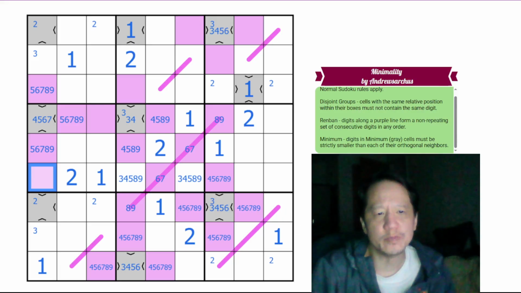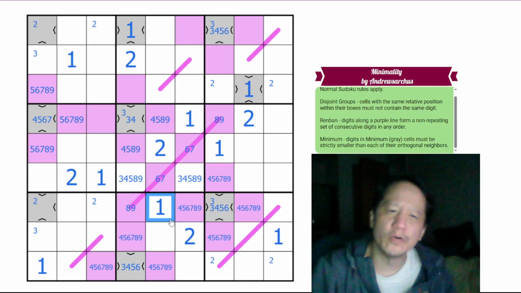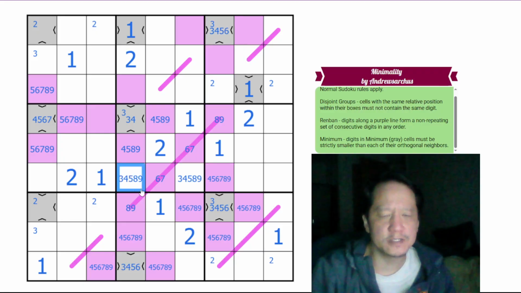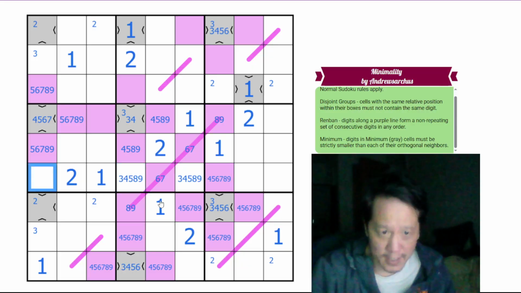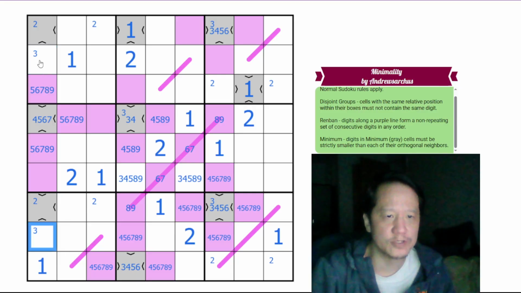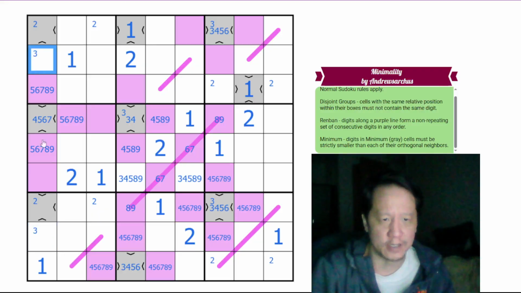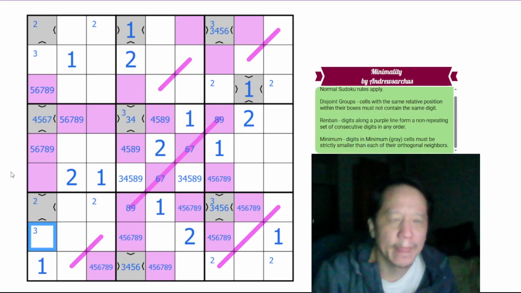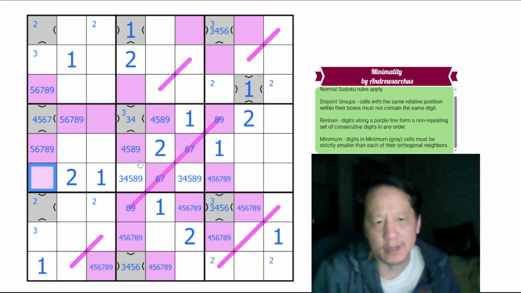Wait, this could be... That can't be... Why can't that be pink? Oh, wait, hold up. Right. Okay, so this can't be pink. Right. That makes sense, right? Because we have a guaranteed 3 in the left central box, or left central cell. And it has to be one of these two then. That makes sense why that's pink.